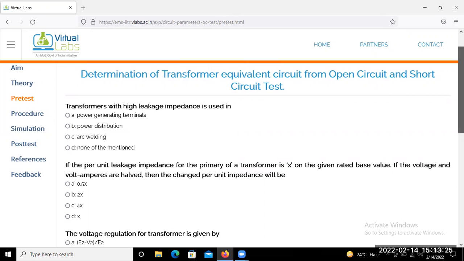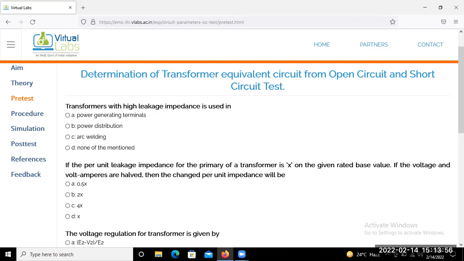Okay. So the next question is given to you. If the per unit leakage impedance for the primary of a transformer is X on the given rated base value, if the voltage and volt ampere are half, then the changed per unit impedance will be how much? So I think you may be familiar with the per unit value, how we can express any electrical quantity in per unit. That means actual value by base value.